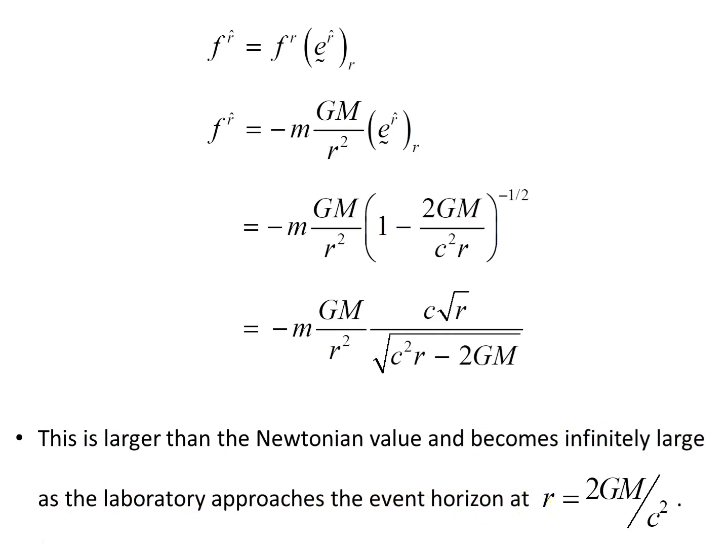As it approaches the event horizon at r equals 2GM on c squared, if you put r equals 2GM on c squared here, the c squareds will cancel. You have 2GM minus 2GM, this is 0. You've got this object over 0, so it becomes infinitely large as we approach this value. So as we approach the event horizon, the amount of force required to hold at a constant radius approaches infinity, as measured by the observer in the laboratory.